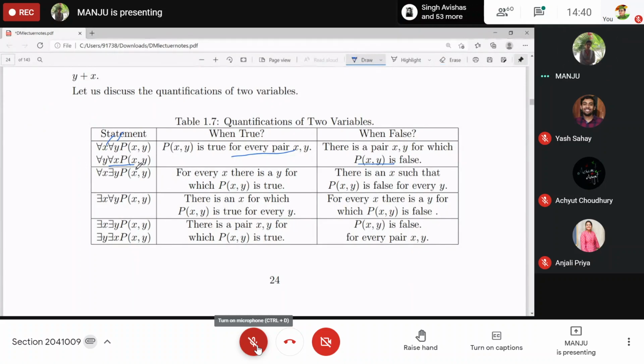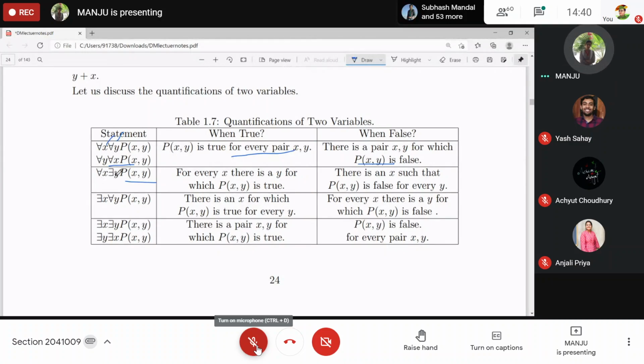Clear? And here it will be true if for every x there exists some y such that pxy is true. That is, for every x you find some y for which pxy is true. And when will this be false?